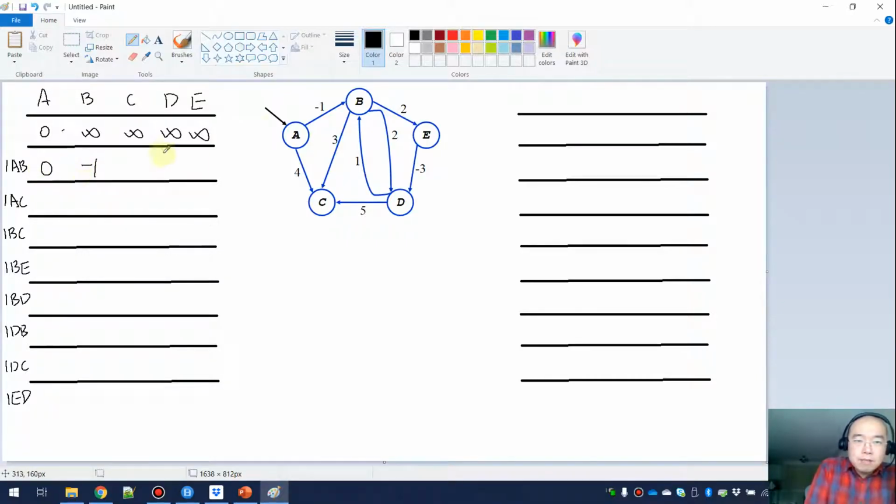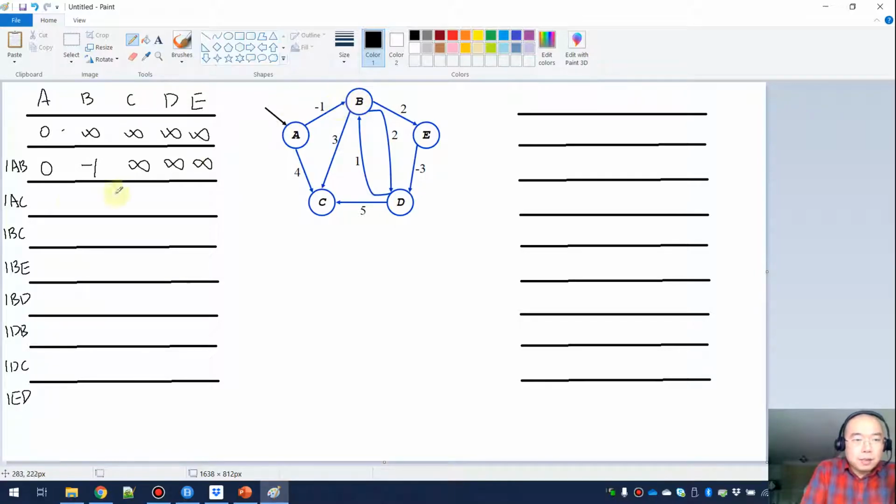If I go from A, and I know the cost of getting to A is 0, and I take the path AB, then the cost to get to B will be -1. Of course, for C, I don't know how to get there. For D, I don't know how to get there. And the same thing for E. Okay, so after we finish visiting AB, we know we can get to B, and the cost will be -1.